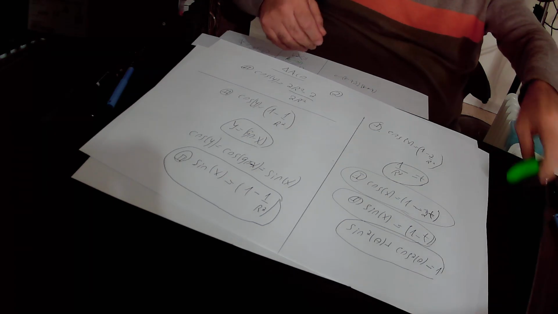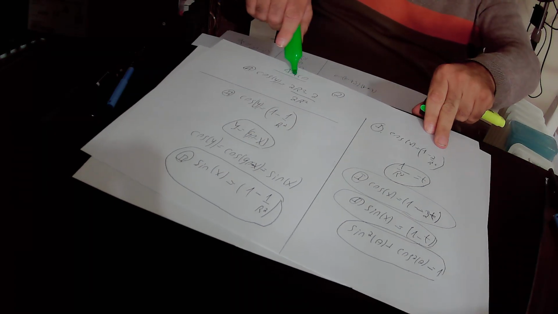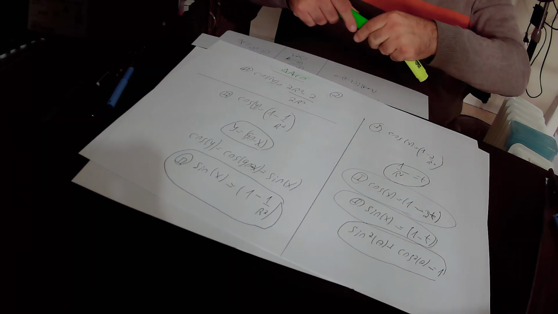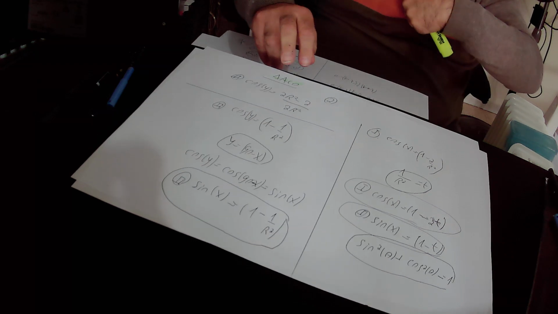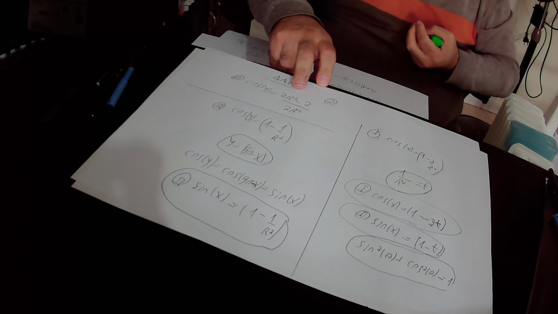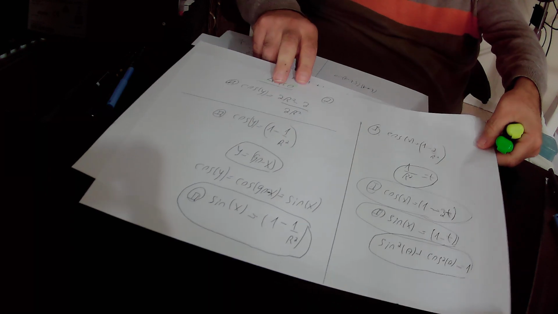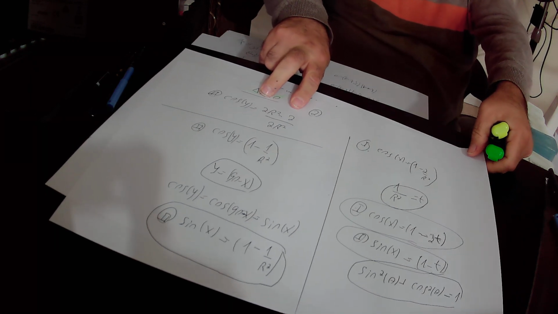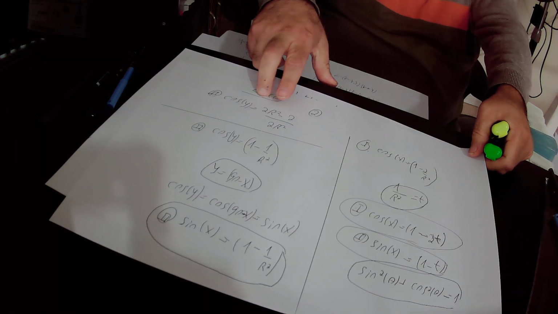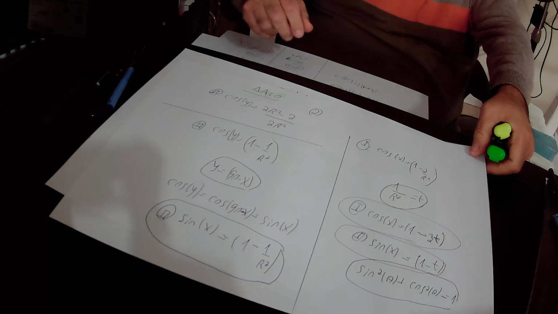In the green triangle ACO, cosine y equals r squared plus r squared, that is 2r squared, and here we also have minus 2 squared, which is 4, over 2r squared.